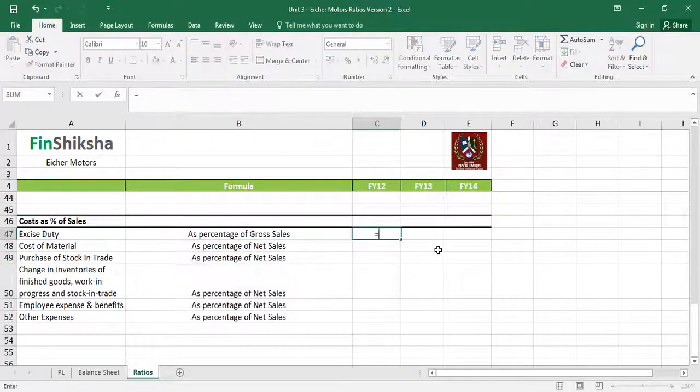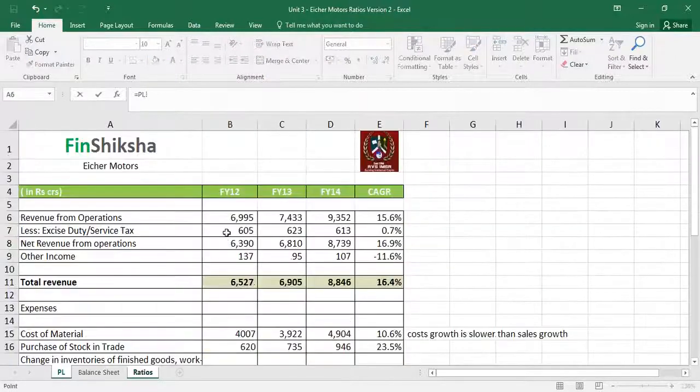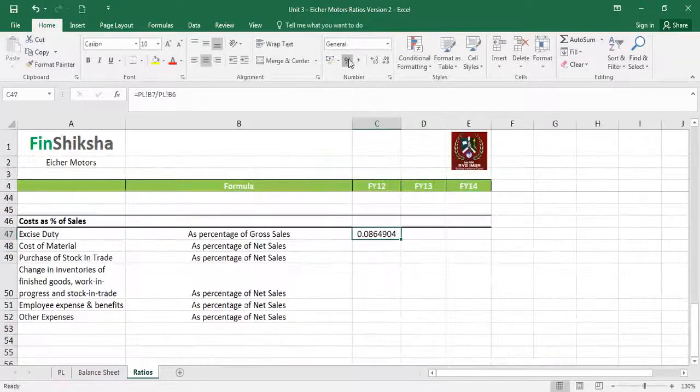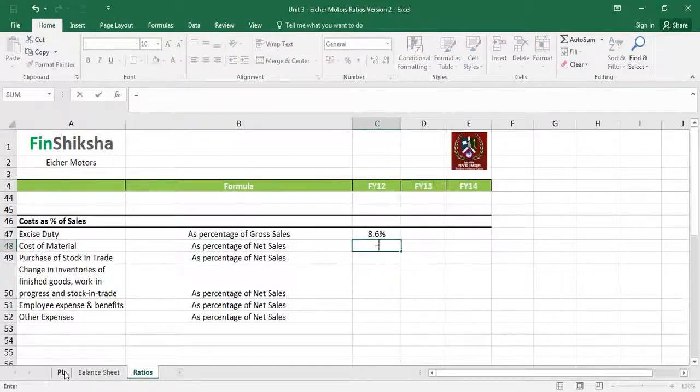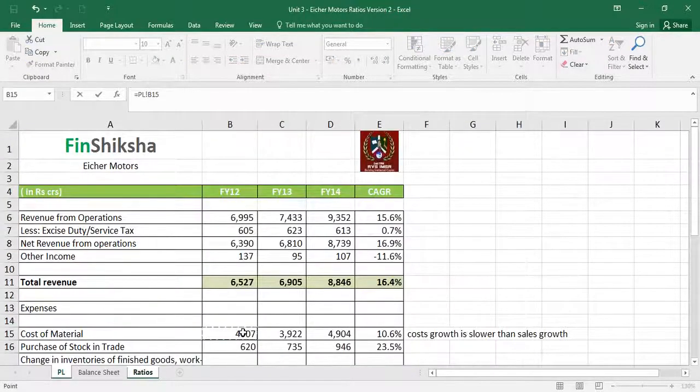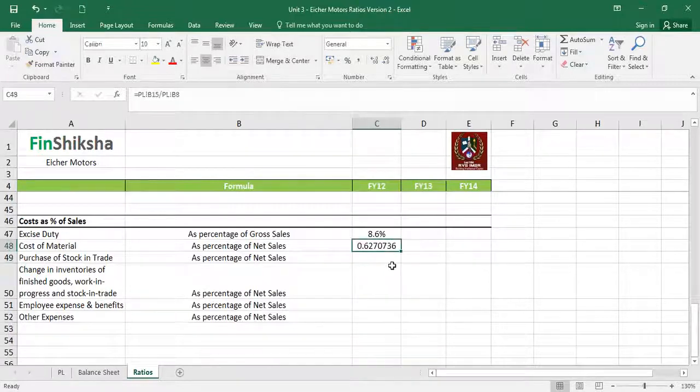Let's find excise duty as a percentage of gross sales. So that's 605 divided by 6995 and that gives us the percentage data. Everything else is a percentage of net sales. So P&L cost of material divided by my net revenue from operations, right? Now note that I want to drag this down. That's in percentage terms.